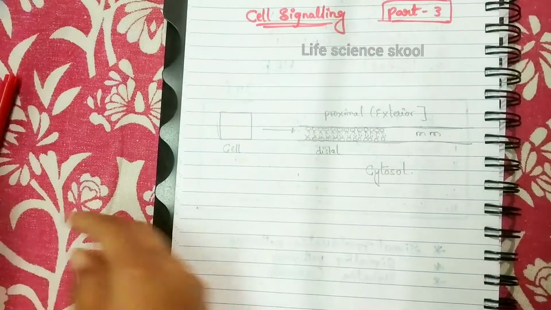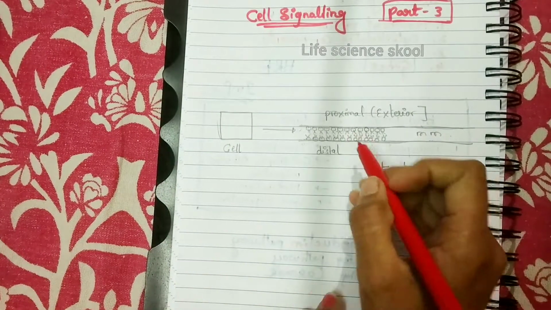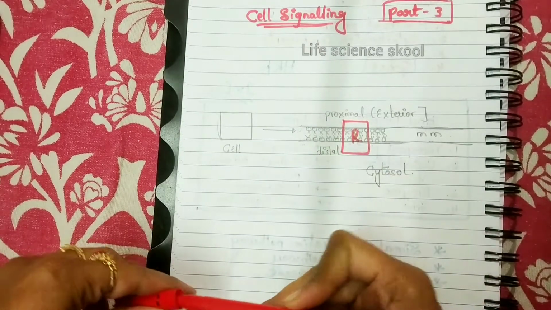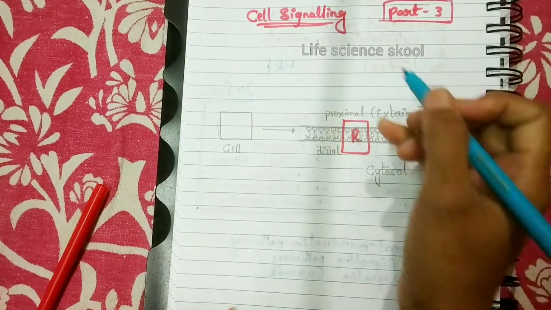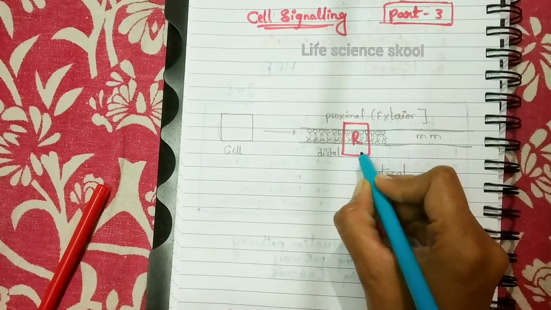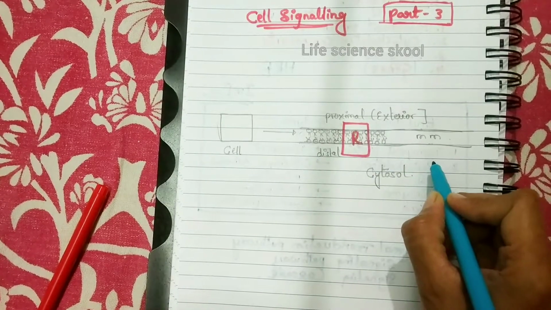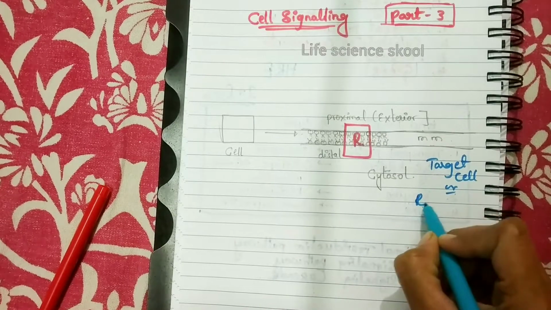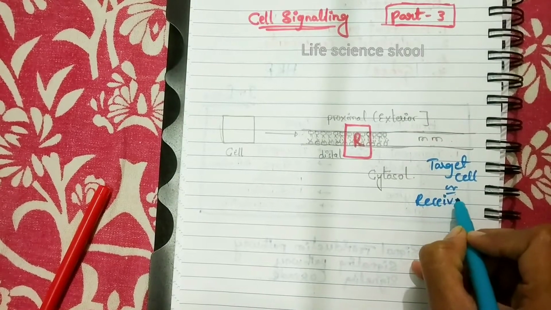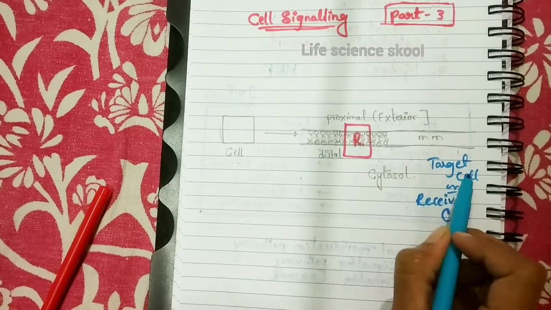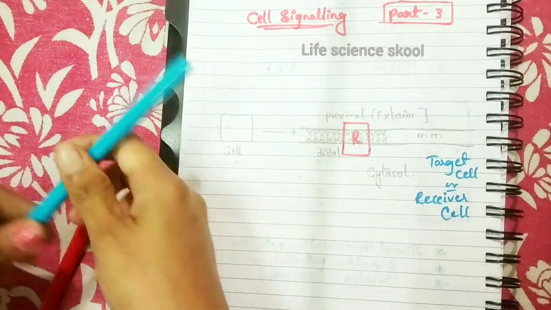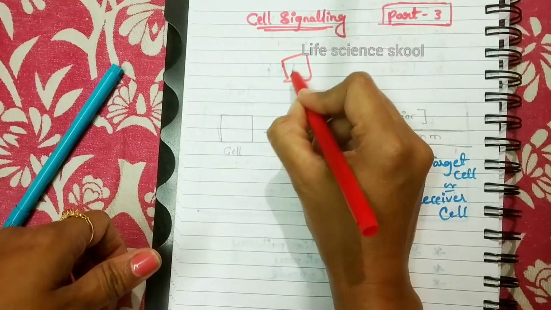And here we can see the receptor. This is the receptor, and this one will become the target cell or receiver cell. On the target cell or receiver cell we can see the receptor, and this one I wrote is the sender cell.